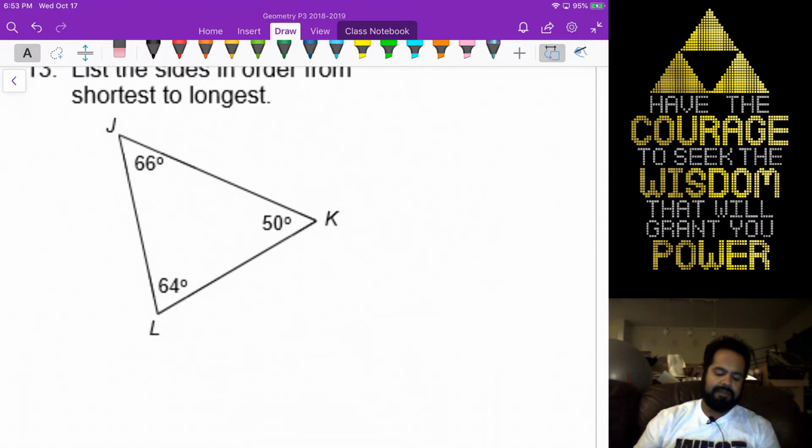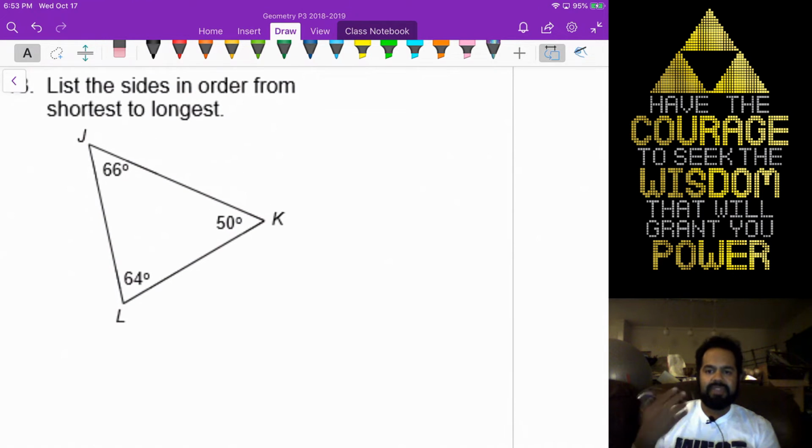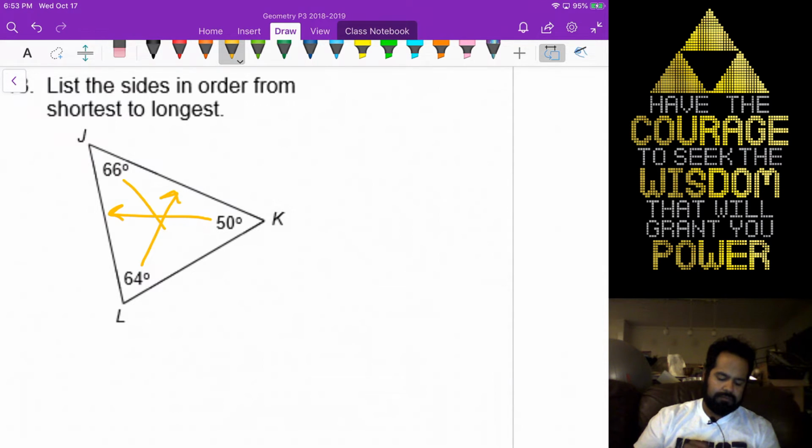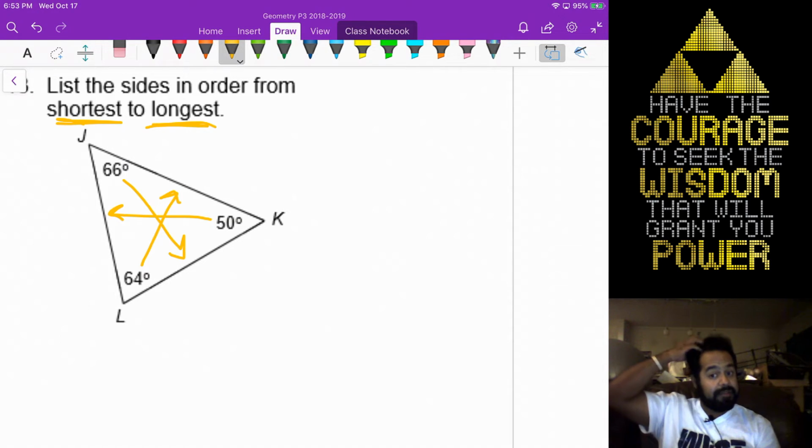List the sides in order from shortest to longest. I'm going to be looking at my angles and look at their corresponding sides. Alright, so again, looking at the order, shortest, longest, I'm going to write the angles in order of smallest to biggest.